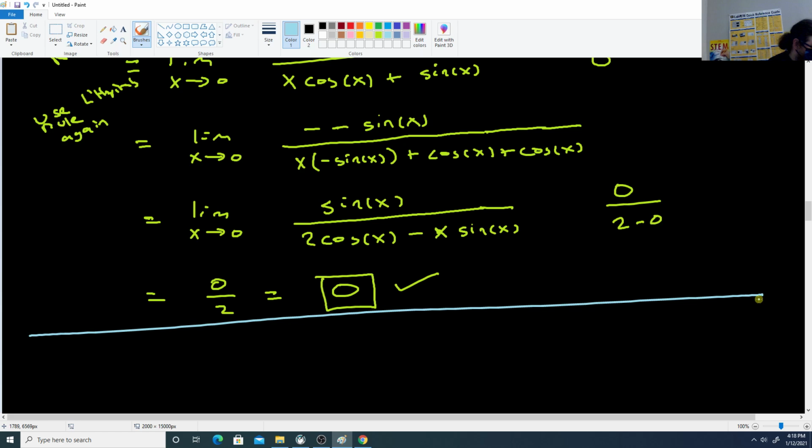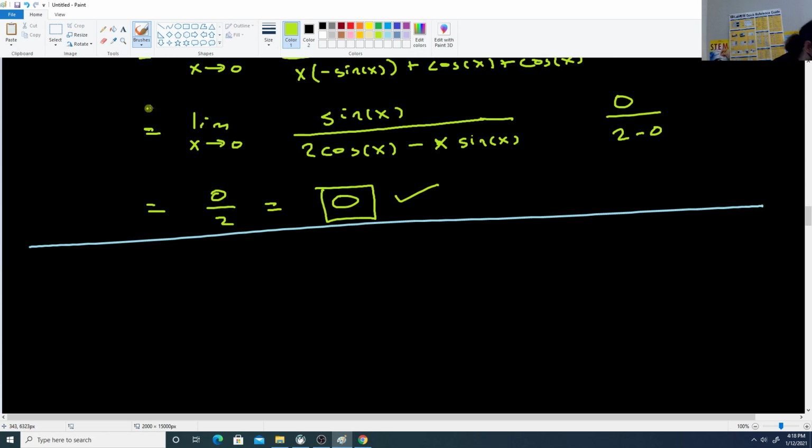Okay, so the final one from this block that we're going to look at is this example here, where we want to say what is the limit as x approaches 0 from the right of x to the x.